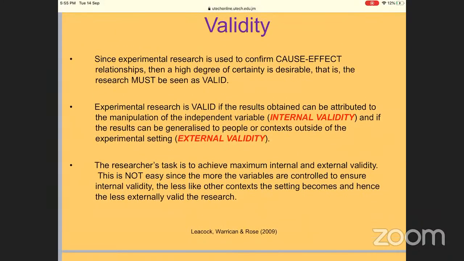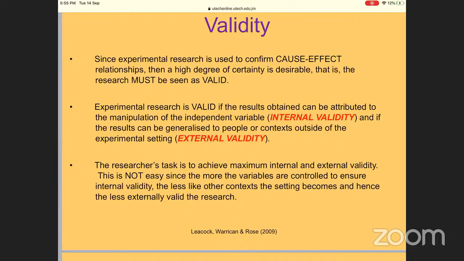It's very important to understand the concept of validity and reliability. Validity is the idea that if you make a claim that X leads to Y, is it true? If it's always true within our research study, that's called internal validity.